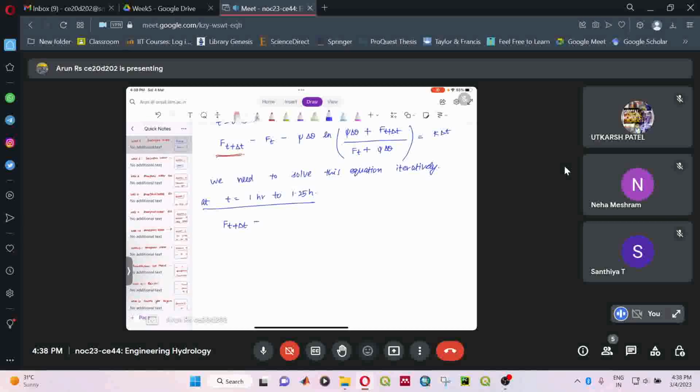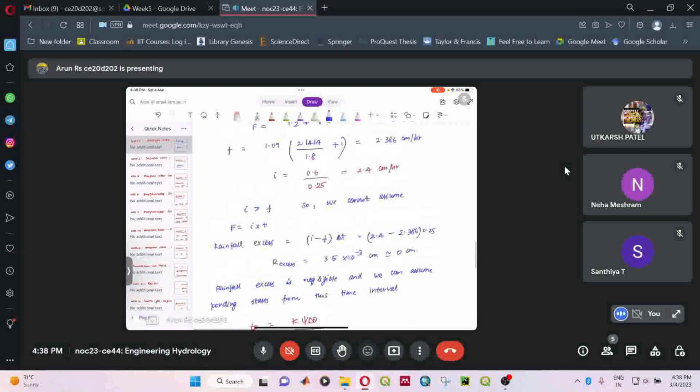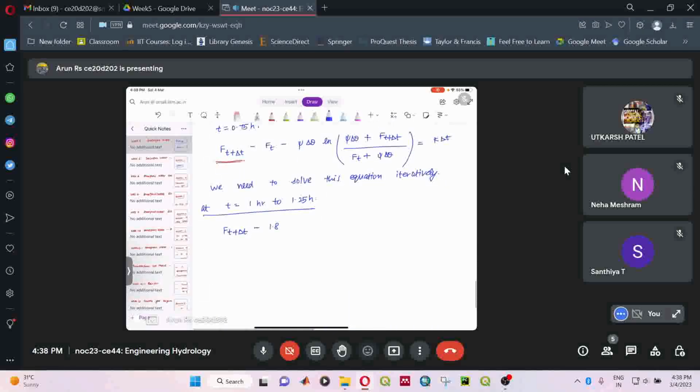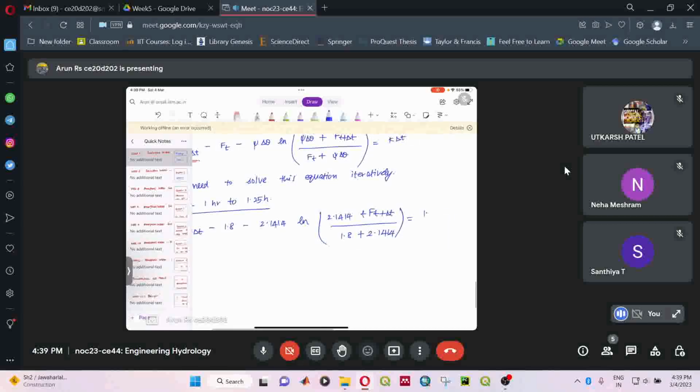The infiltration until the previous time step, which we calculated earlier, is 1.8 centimeters, minus, the rest of the values being known, 2.1414 into natural log of (2.1414 plus F at t plus delta t, again unknown) divided by (1.8 plus 2.1414), equal to K, 1.09, into delta t, 0.25.